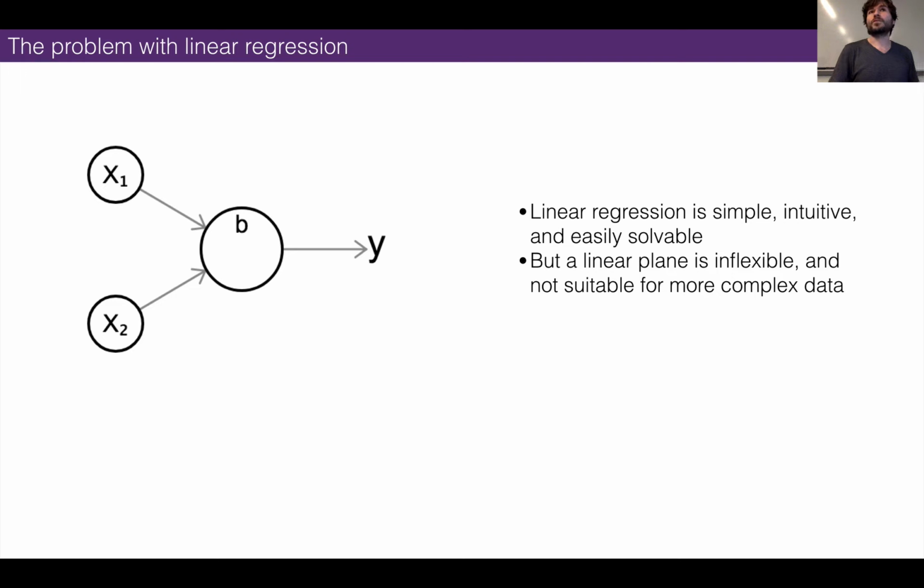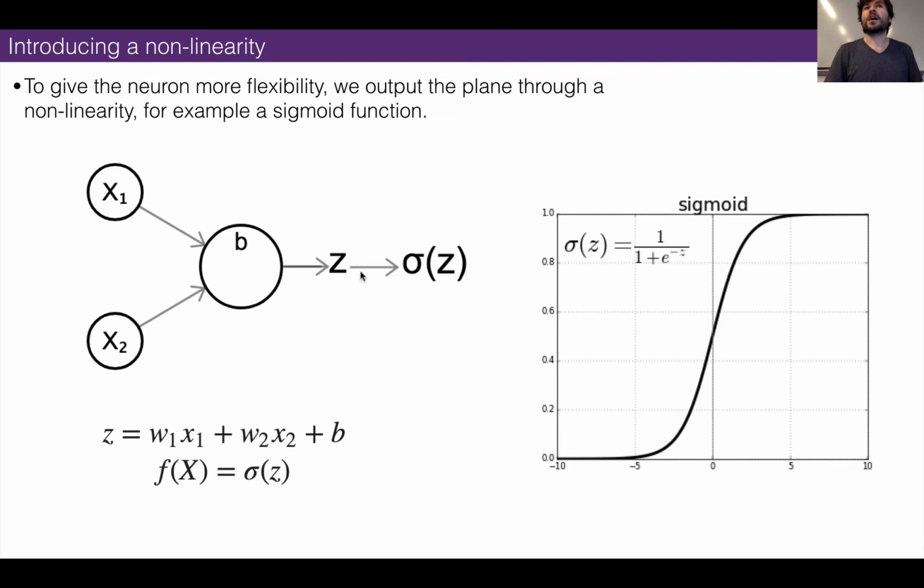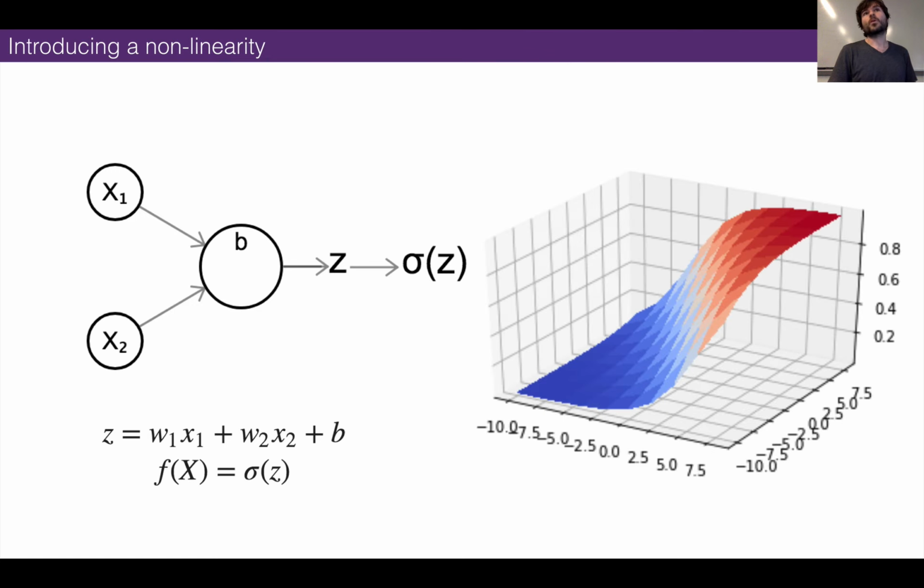And so what we do is, as we introduced last week, we introduce a nonlinearity into the equation. Instead of just outputting the weighted sum, the plane, we will go through some nonlinear activation function, like a sigmoid, and that's actually what a sigmoid looks like, by the way. It's not a plane anymore.